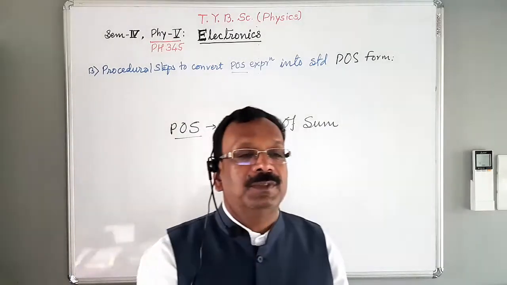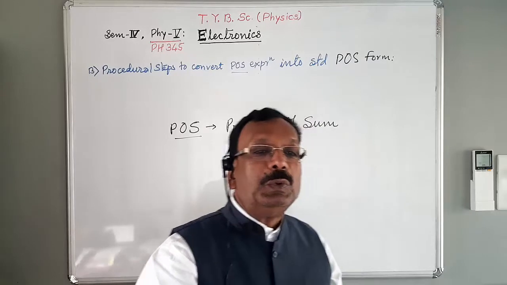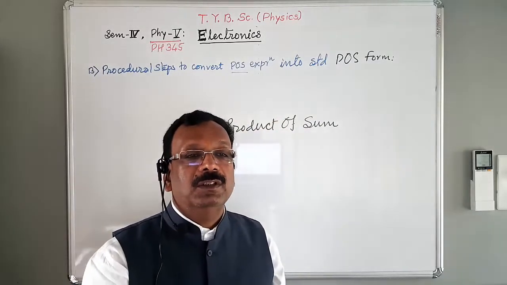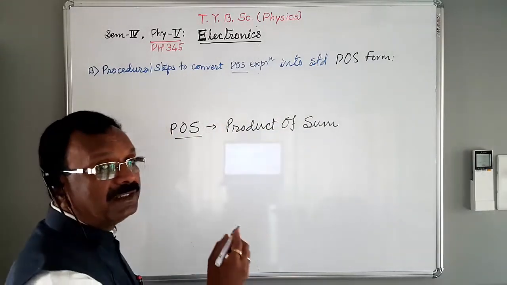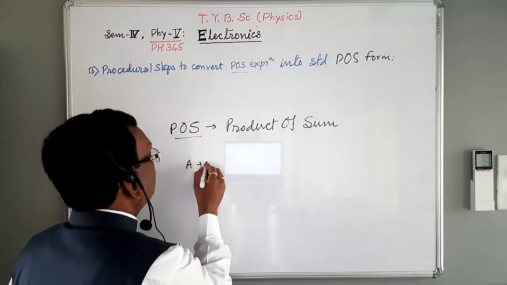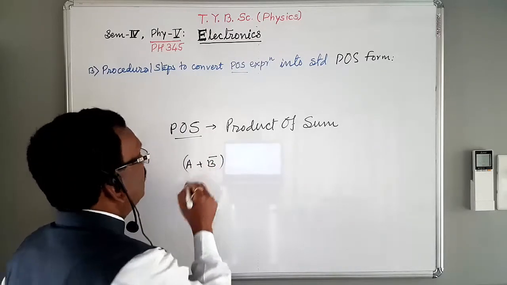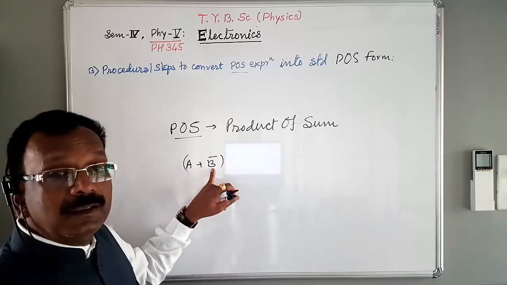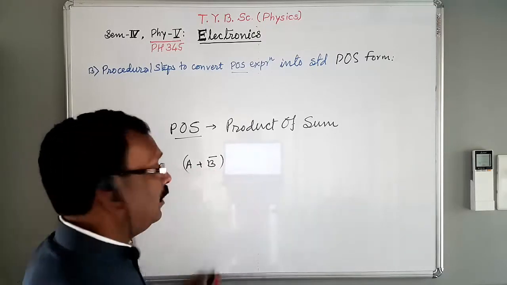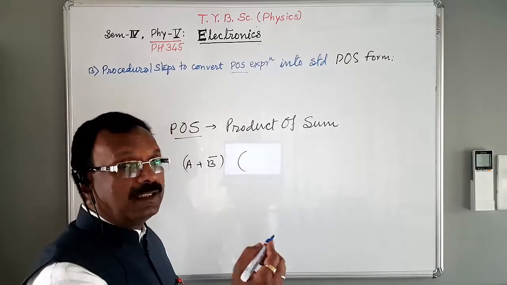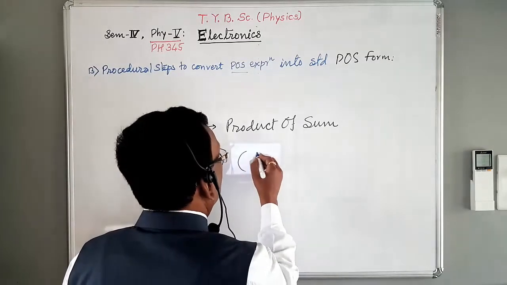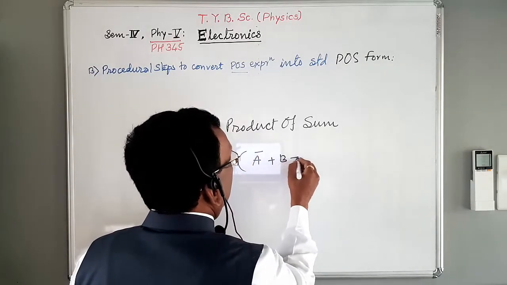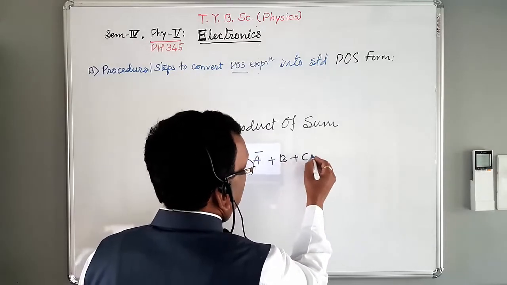Product of sum. When two or more sum terms, like A plus B bar, this is the sum term. This is the sum of A and B bar inputs. Or we consider another, A plus B, A bar plus B plus C bar.